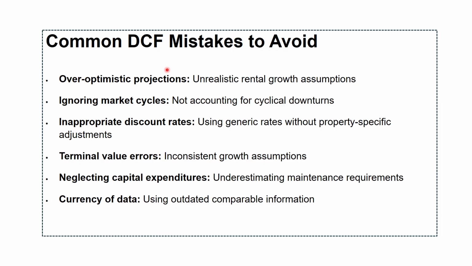Over-optimistic projections should be avoided, where analysts use unrealistic rental growth assumptions that exceed historical market performance without justification. Ignoring market cycles is another critical mistake, where models fail to account for cyclical downturns that inevitably occur in the real estate market. We have talked about this earlier.